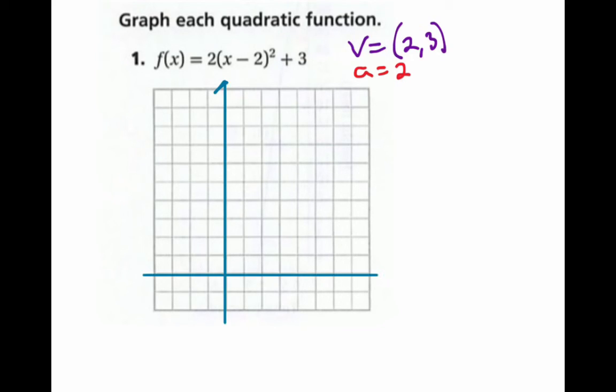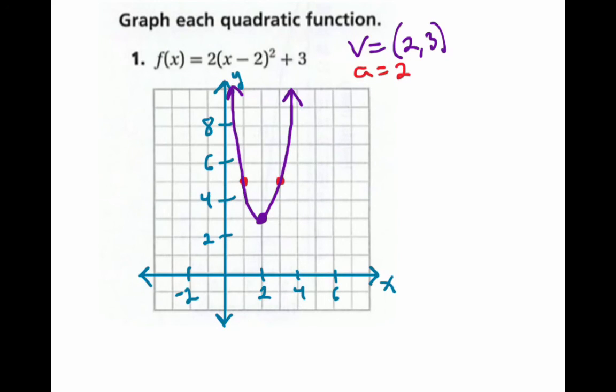I figured out where my origin should be. I graphed my axes. I plot my vertex, which is 2, 3. And then I said, all right, if a is 2, I'm going over 1 and up 2, going back 1 and up 2, plot those points, drew my parabola, and I'm done.